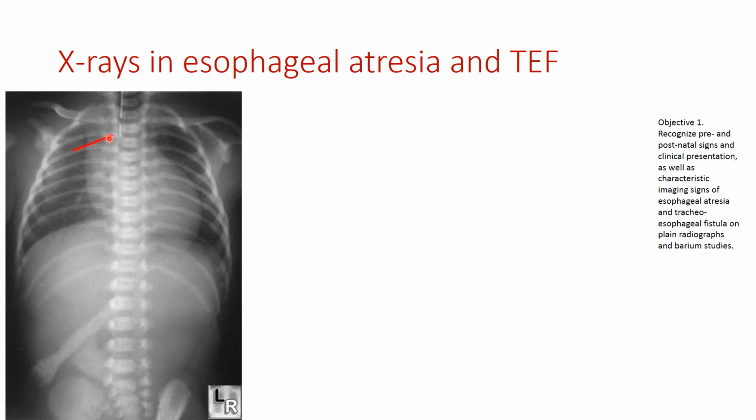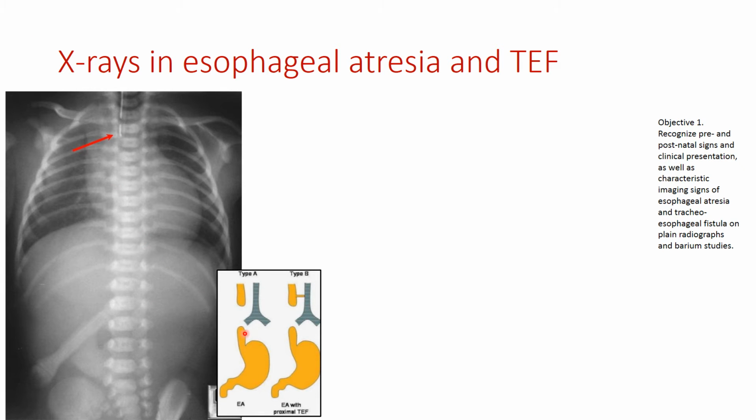And this is pretty typical of where this occurs. In this case, the baby does not have gas in the stomach, so we have an esophageal atresia, no gas in the stomach, and so this baby has no distal tracheoesophageal fistula, and there's no way for gas to get into the stomach.